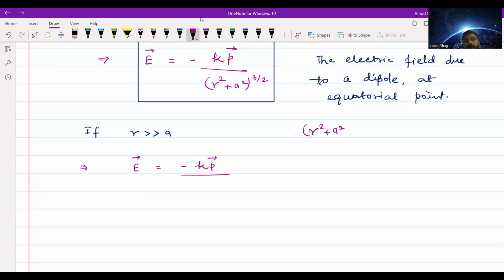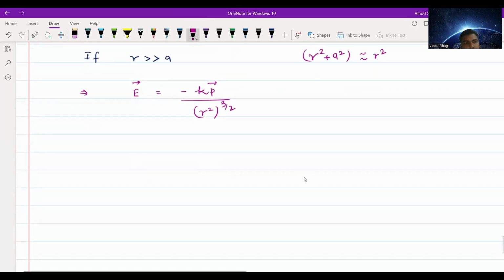plus a square will be nearly equal to r square. So simply we will get r square and its power is 3 by 2. And finally we will get it as E vector equals to minus kp vector upon r cube.